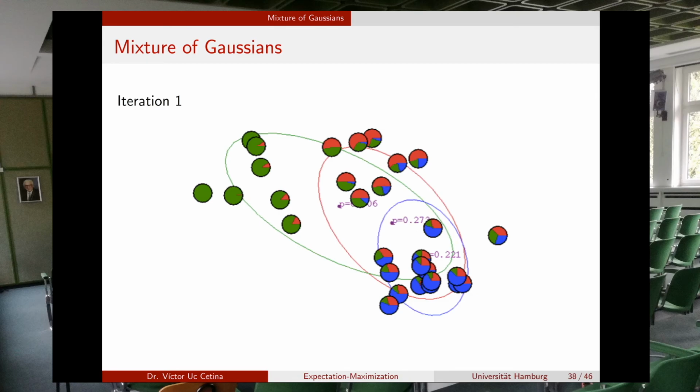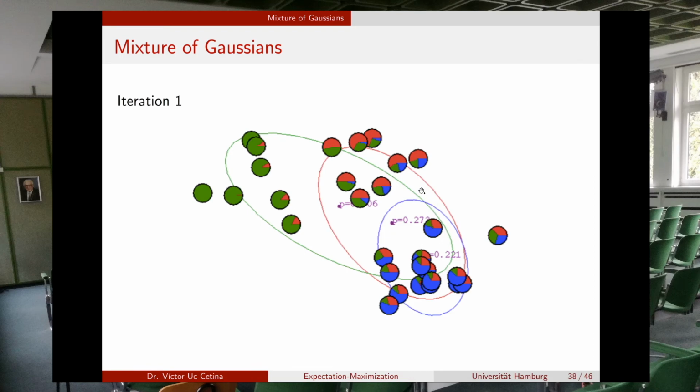So in iteration 1, after you have made a guess about the probabilities of belonging to each of the Gaussians, and after re-estimating the parameters phi, mu, and sigma, the sizes of the arcs have changed.